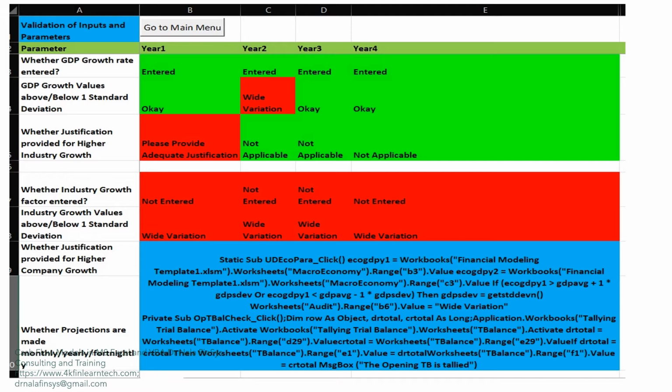As you could see, we'll have the parameters in respect of which we want to have control on the leftmost column, such as the GDP growth rate, whether the justification for higher industry growth vis-a-vis the economy is provided for, whether the justification for higher company growth has been provided for.